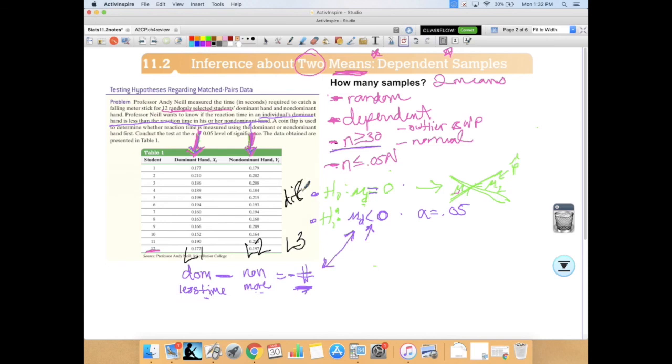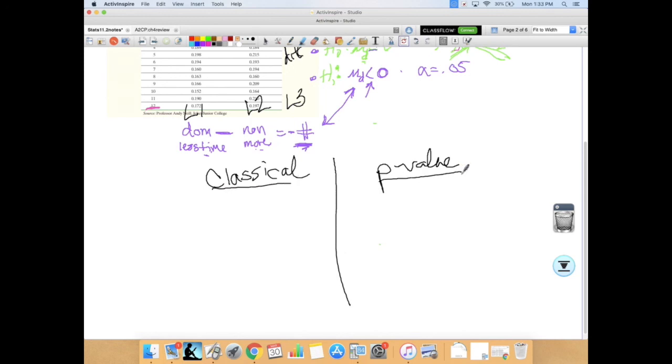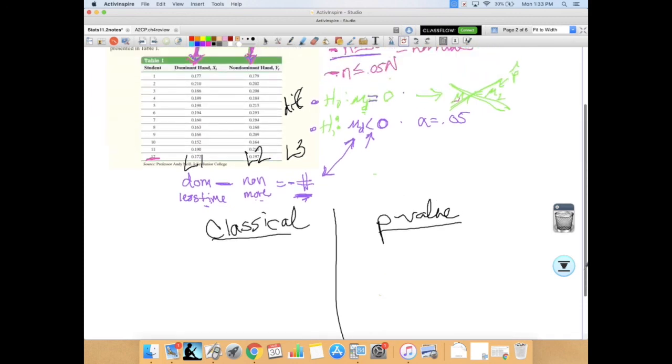Now since all our data is in, we're ready to start doing our hypothesis testing. Now we can do it with both the classical and the p-value. But just like yesterday, what I want to encourage is that you use your calculator to figure out your test statistic. It's going to save you some time.